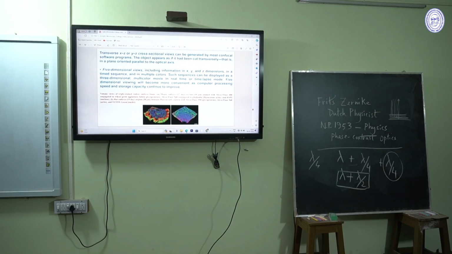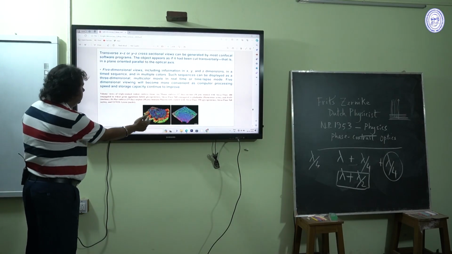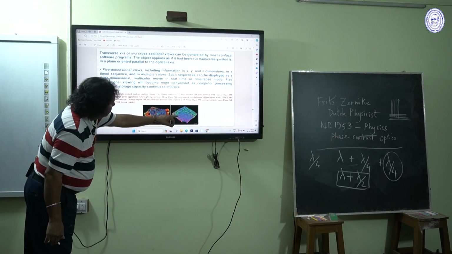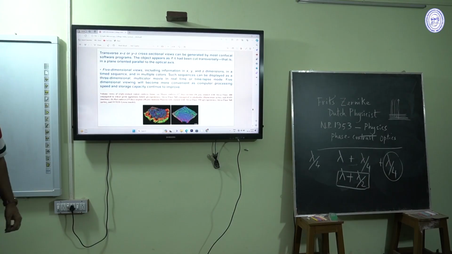Now, 5-dimensional views include information in X, Y, and Z dimensions in a timed sequence and in multiple colors. Okay, this is the confocal image of triple stained rodent embryo tissue. Here it is the mouse embryo and here the rat embryo.